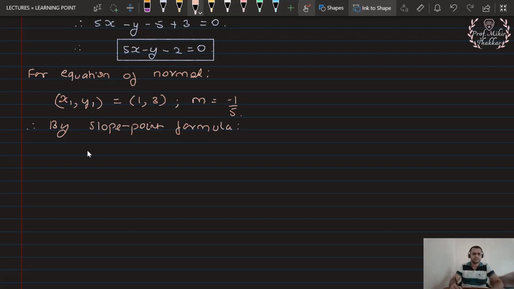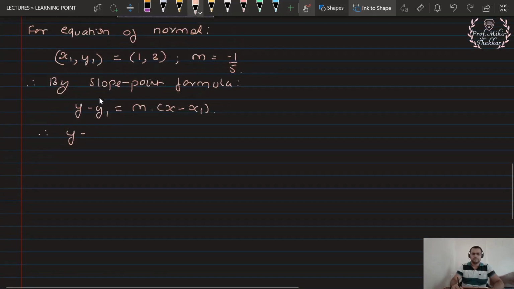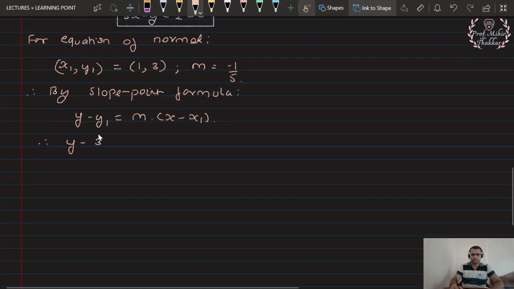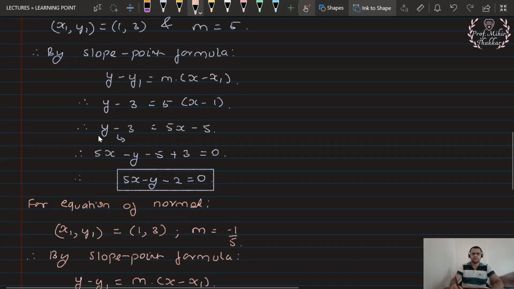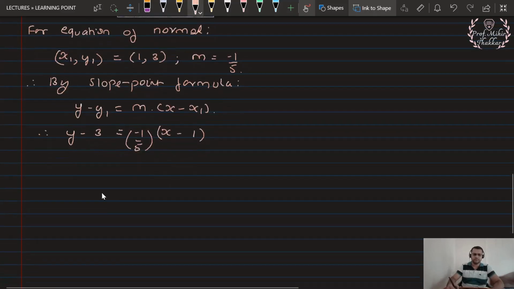It is y minus y1 is equal to m into x minus x1. Therefore, y minus y1 value is 3 and multiplied by x minus x1. So it is 1.